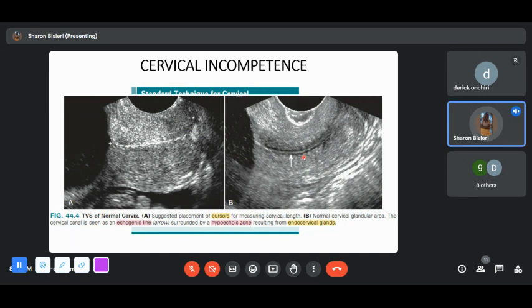On image B, we can appreciate this hypoechoic zone, both anterior and posterior to our echogenic endocervical mucosa, and this is normal because these are endocervical glands, and it's actually a good thing when you're able to visualize them.